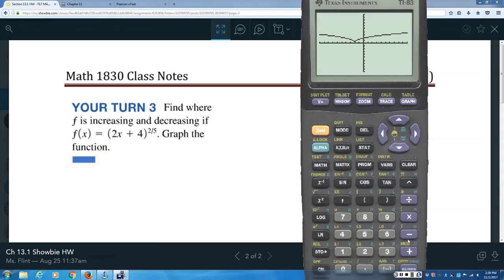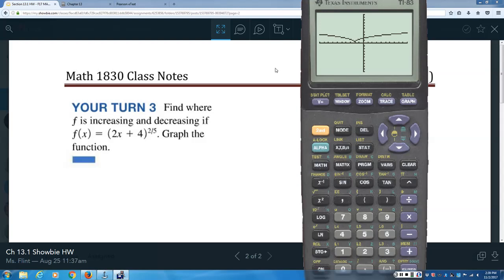Now that shouldn't be a really huge surprise because that 2/5 power tells you that that's a fifth root of something. Okay? It's the fifth root of 2x plus 4 squared. And that is what causes that. So where is the function decreasing?